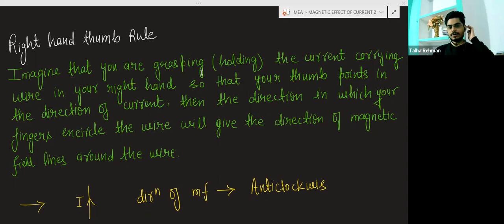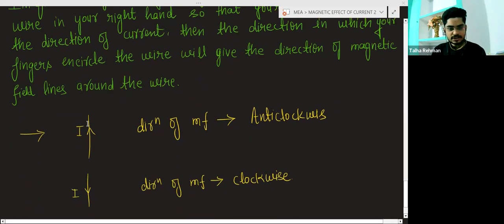Okay. So imagine that you are holding the current carrying wire in your right hand so that your thumb points in the direction of the current. Then the direction in which your fingers encircle the wire will give the direction of the magnetic field lines around the wire. For example, the current is in the upward direction.